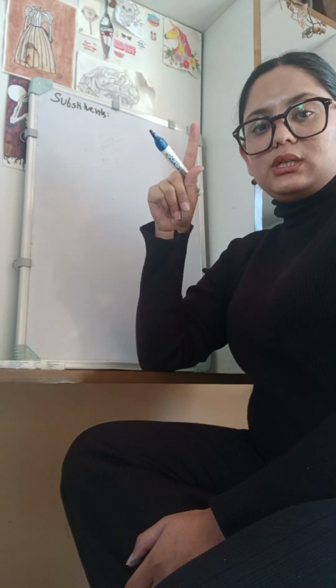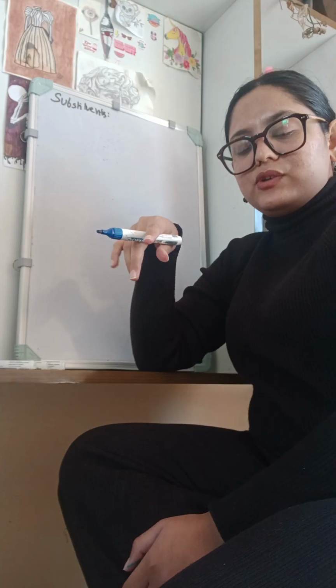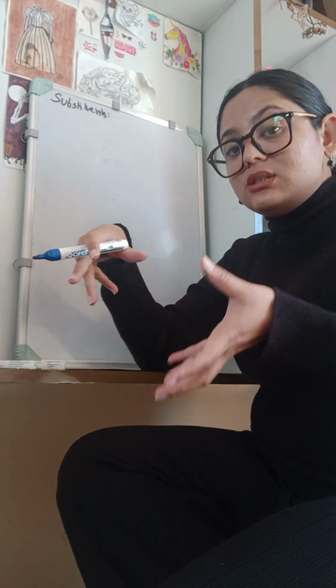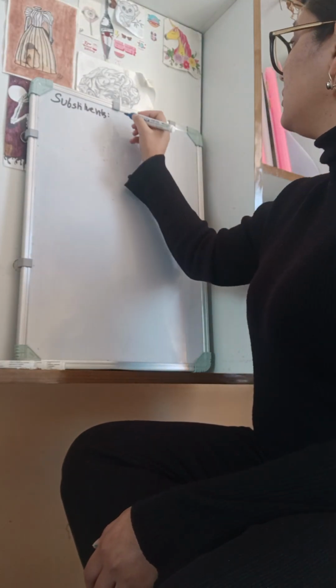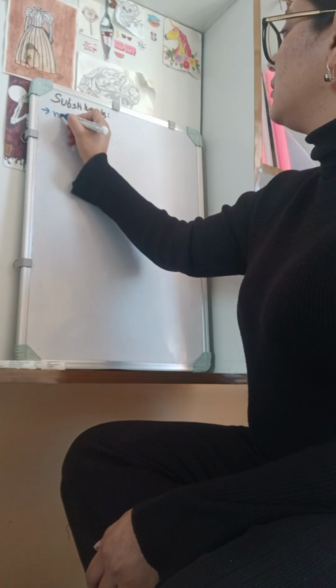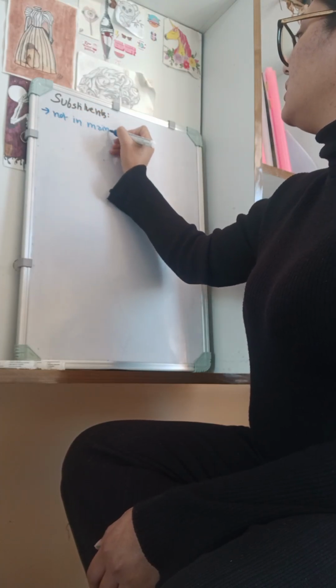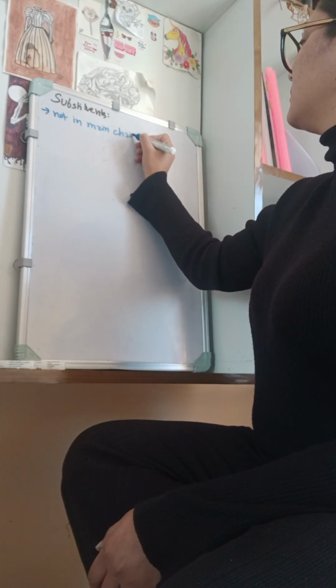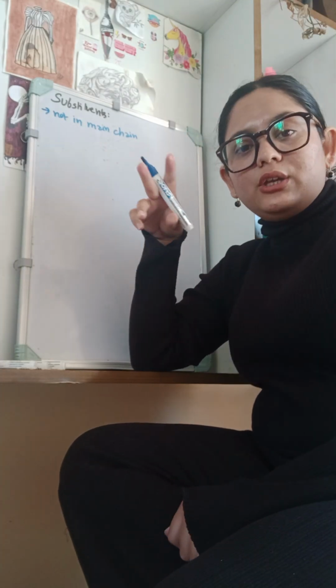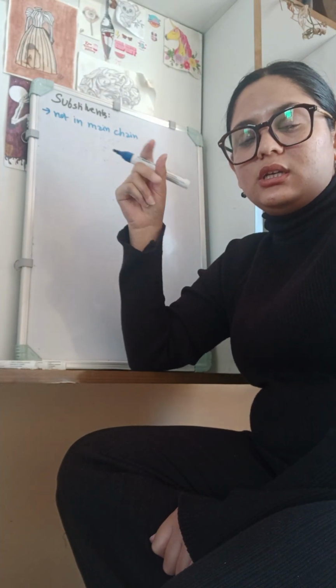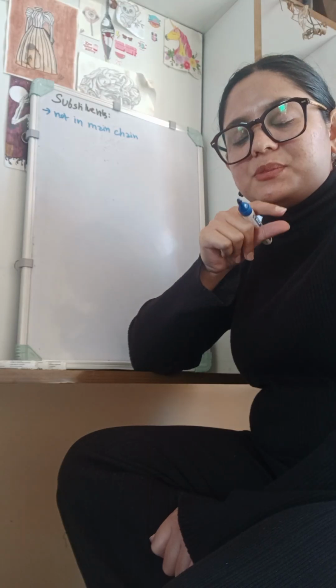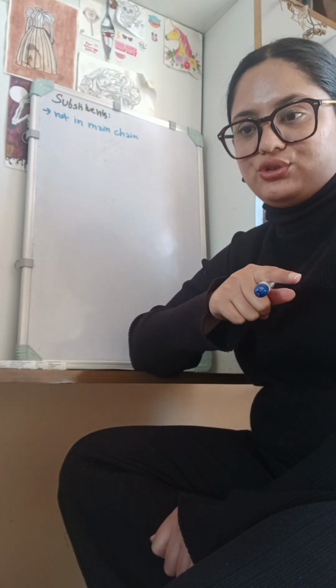Now substituent are the atom or group of atom which are not in the main chain itself. They are not in main chain. Whenever you write the substituent, the position at which the substituent is present should be mentioned.